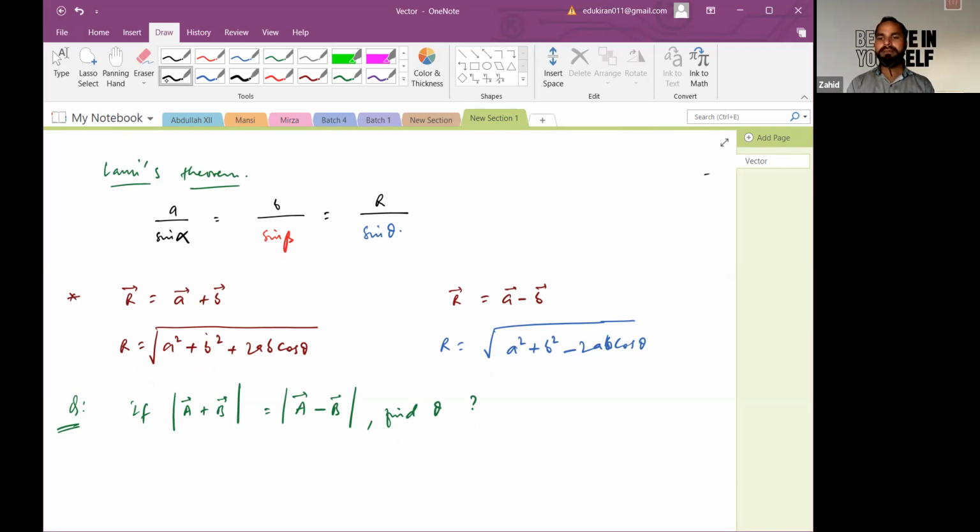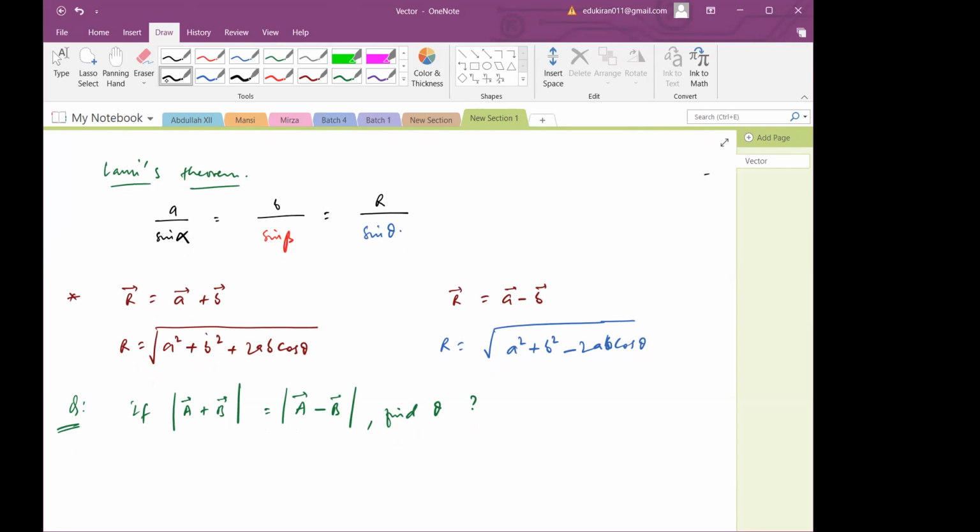Is it clear? Yes, sir. Try to solve for theta.